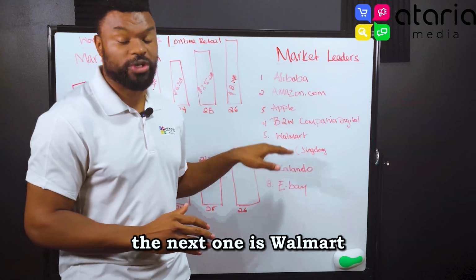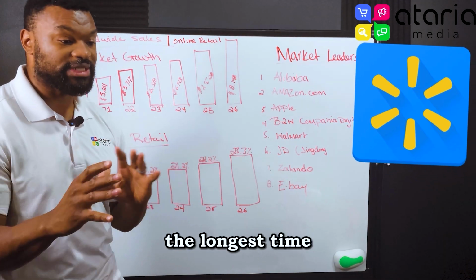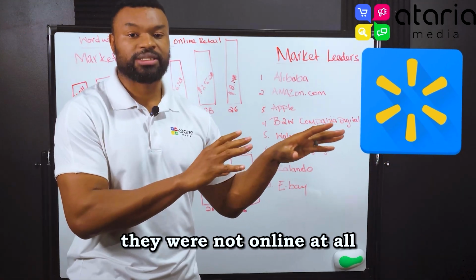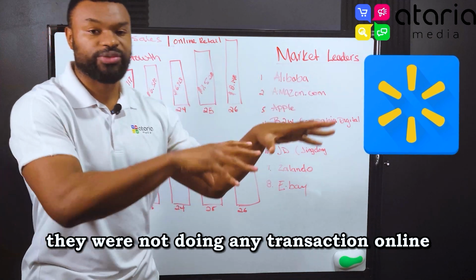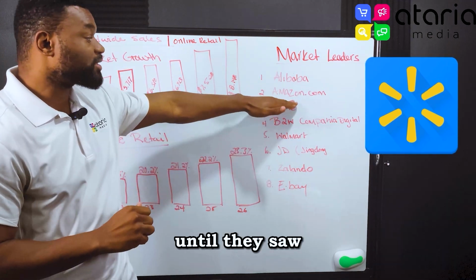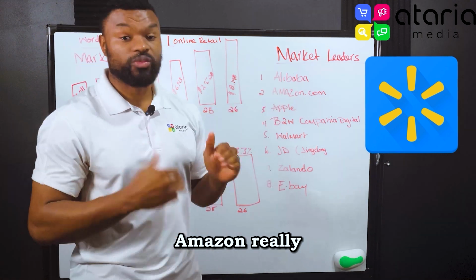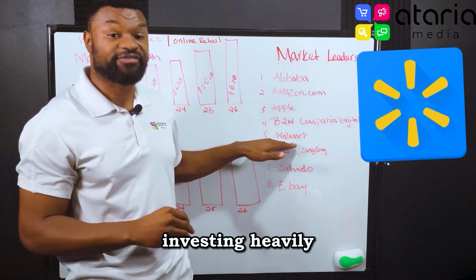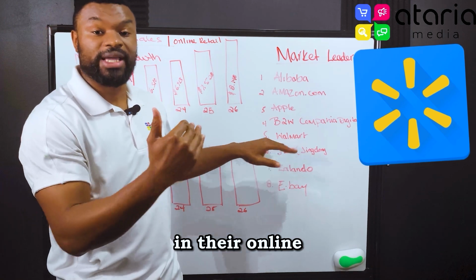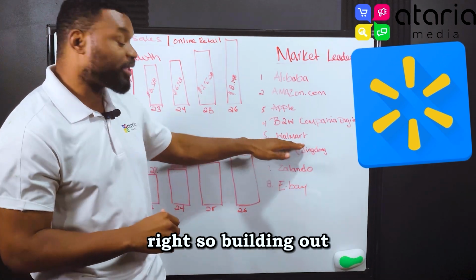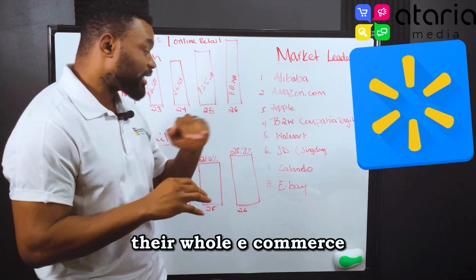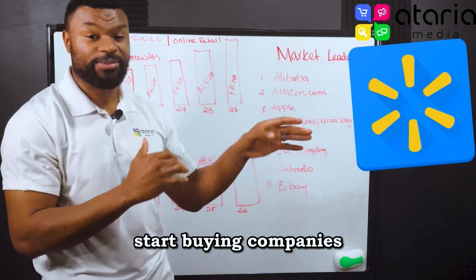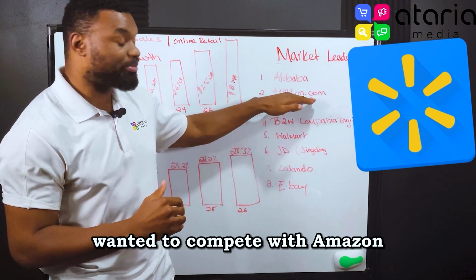The next one is Walmart. Walmart, for the longest time, did not focus online, right? They were not online at all. They were not doing any transactions online until they saw their rival, Amazon, really taking the lead, causing them to start investing heavily in their online transactions, right? So they built out their online presence, built out their whole e-commerce, started buying companies, and really wanted to compete with Amazon.